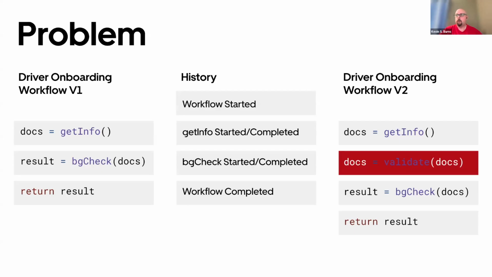We add new code all the time, but Cadence is fault tolerant and it needs to be able to pick up from any step here, replay the history, and continue on. Putting the validate in the middle, this workflow could easily get stuck or fail, depending on the options you started the workflow with.